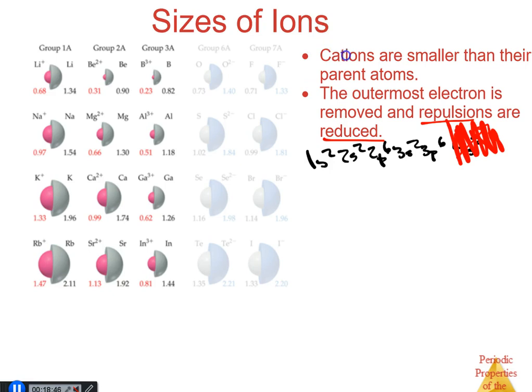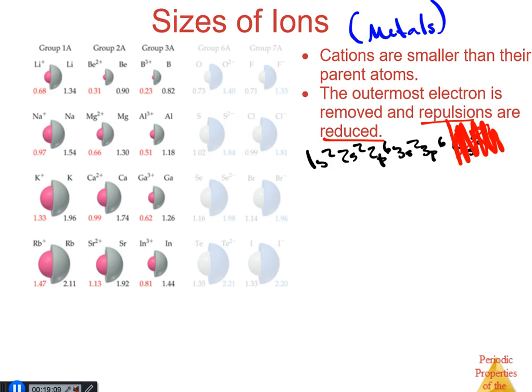So, cations. And what type of atoms make cations? Metals. Good answer. That was fast, whoever said that. Metals, or cations, are smaller than their parent atoms. That's it. Just chill, read a book, play on your phone.